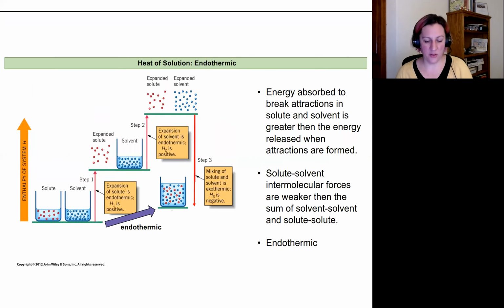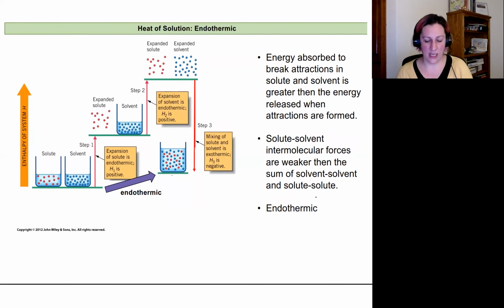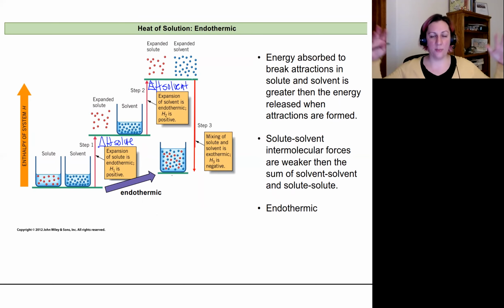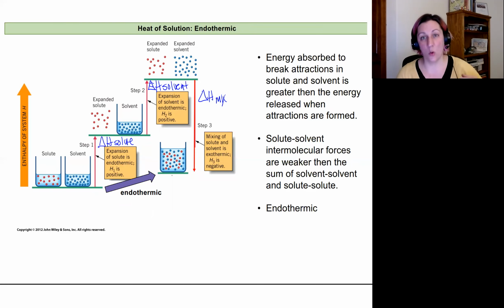Now, looking at the most common version of this, the endothermic case, again, we first see our enthalpy of solute here in step 1, our enthalpy of solvent as step 2, and we're putting all this energy into separating them, and then we bring them together. And when we bring them together, our enthalpy of mixing is not going to release as much energy as we had to absorb to break those intermolecular forces in the first place.